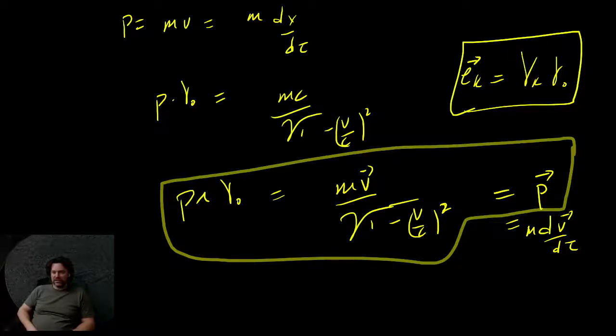So this was a long-winded justification for picking gamma_k gamma_0 as our bivector basis for the spatial component of a four-vector in space-time algebra.